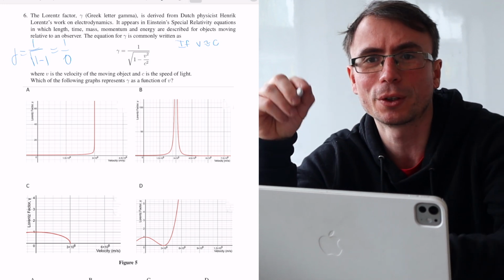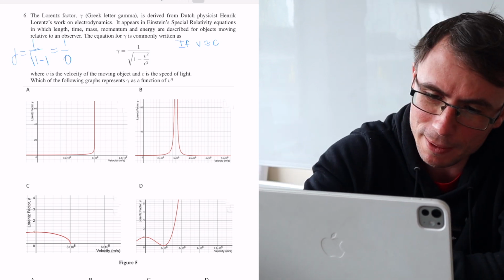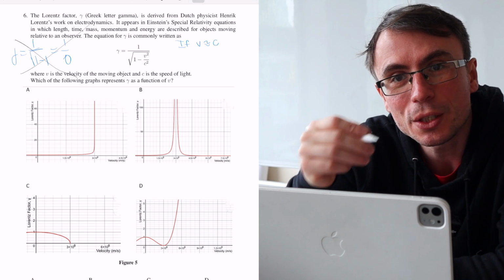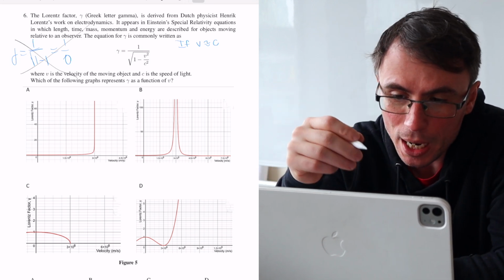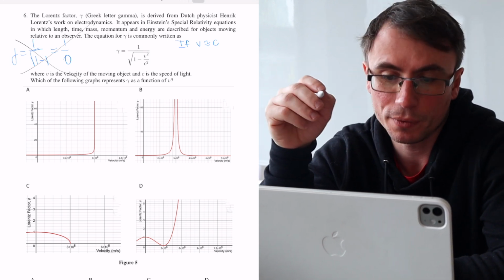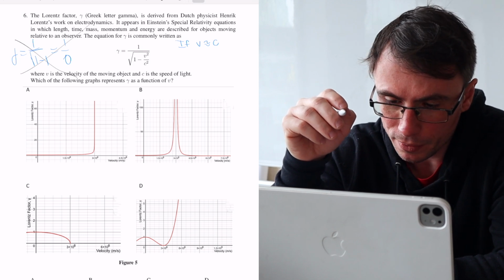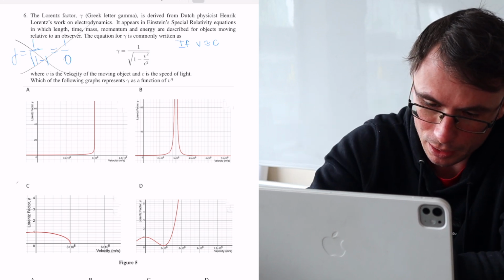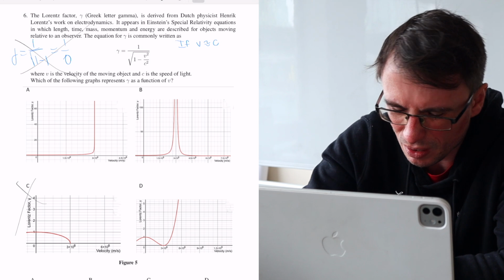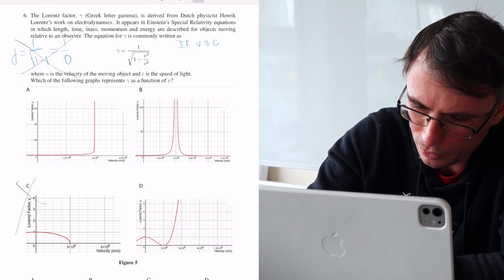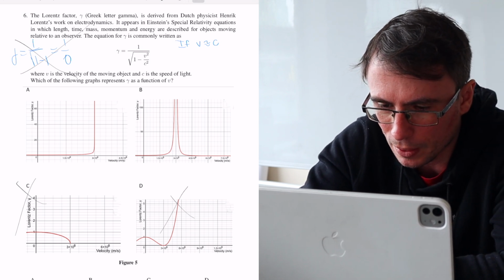And that's not good. This is completely undefined. So we need to get an asymptote around the value of the speed of light. Because of that, this one here can't be it, and this here is not exactly a very clear asymptote, so we can probably get rid of this.